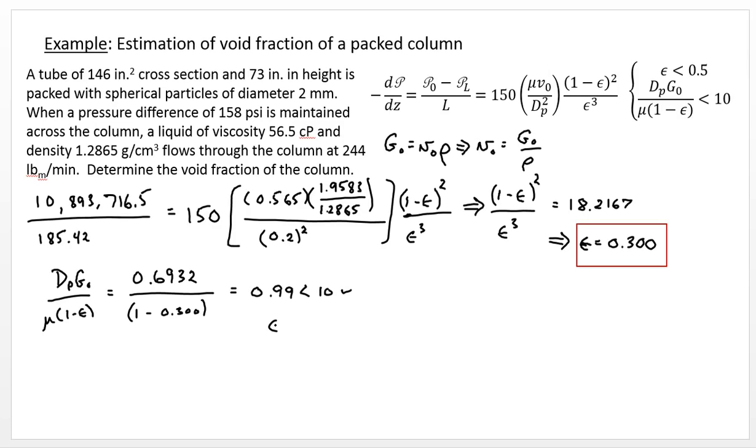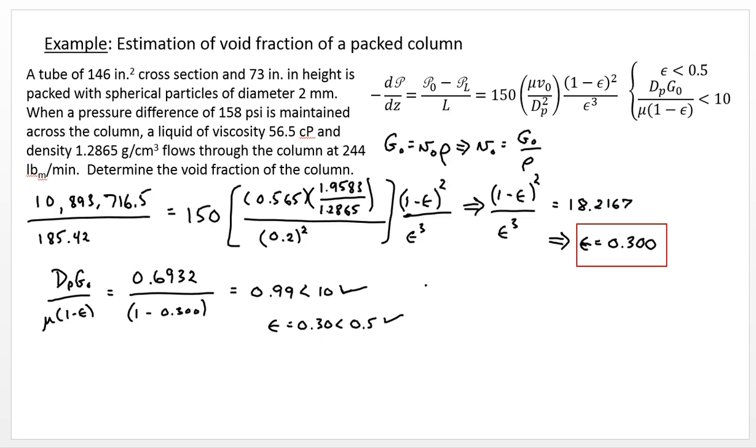And epsilon is 0.30, which is less than 0.5. So both constraints for this correlation have been met, and this is an accurate value. So that works perfectly fine.